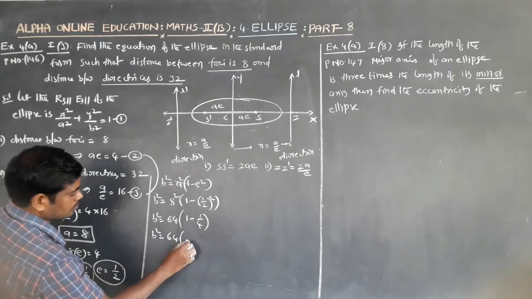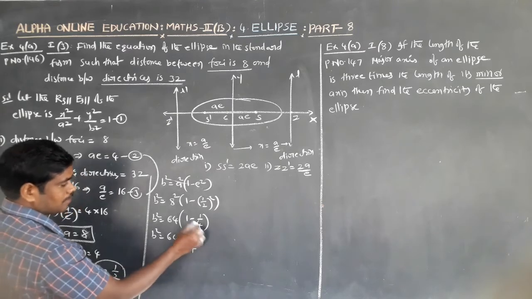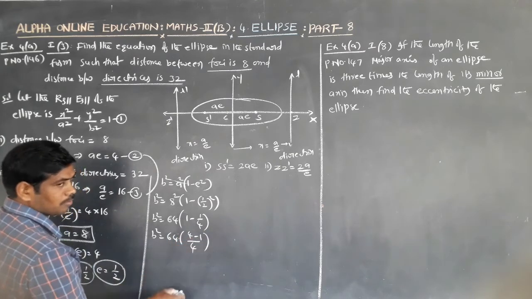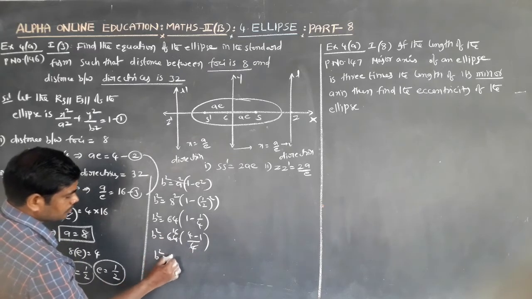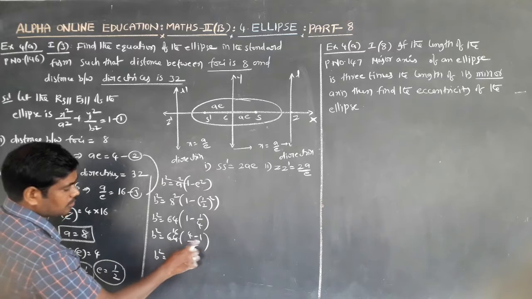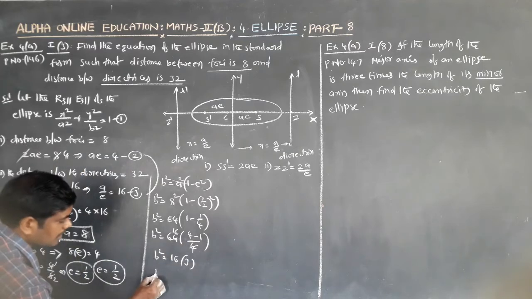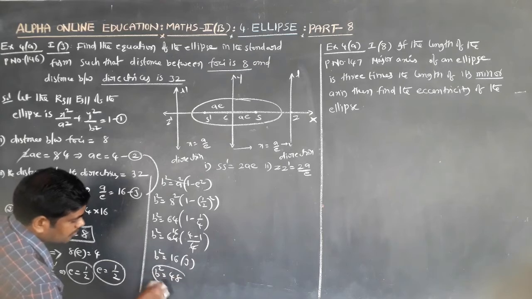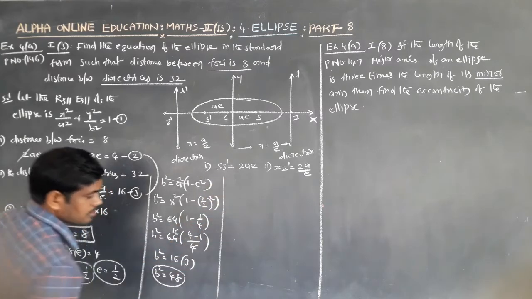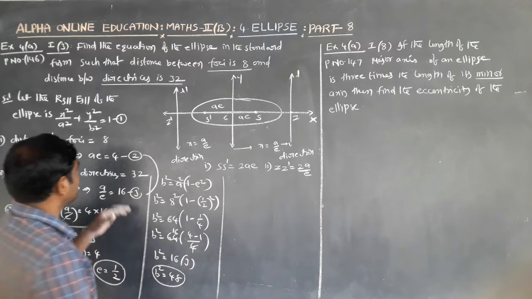B square equal to 64 into (4 minus 1) by 4, LCM 4. 4 sixteens are 64, so B square equal to 16 into 3, which is 48. B square equal to 48.